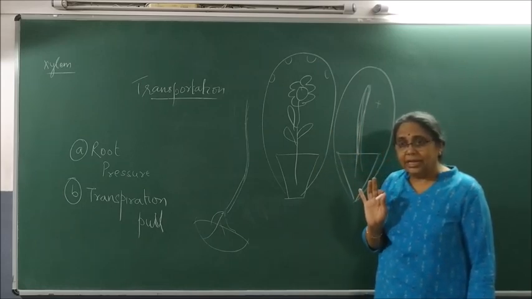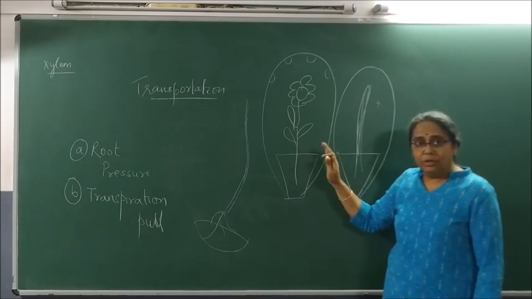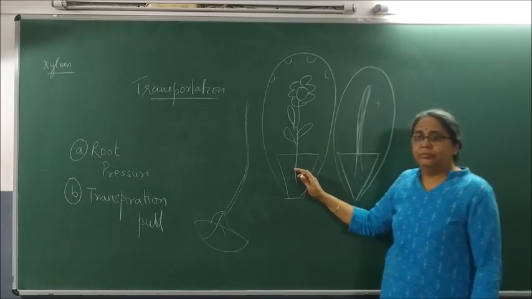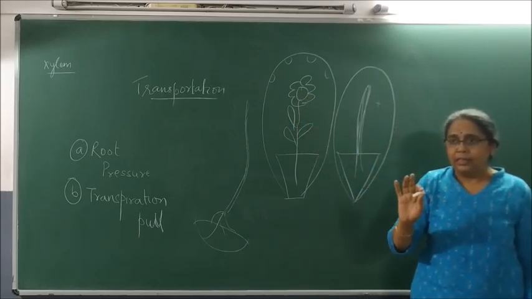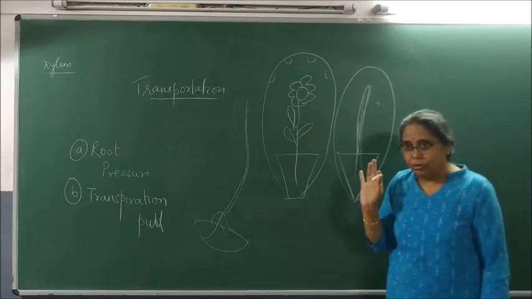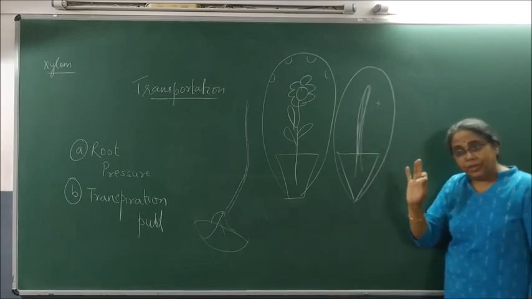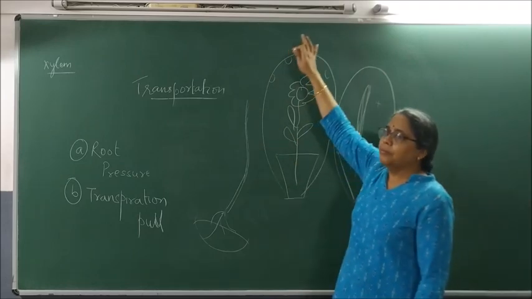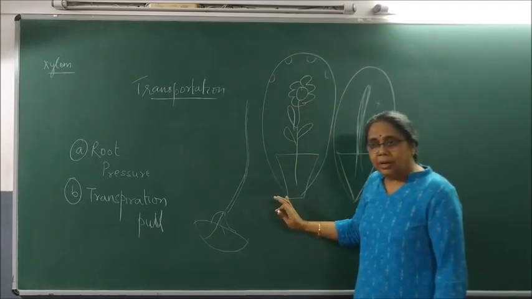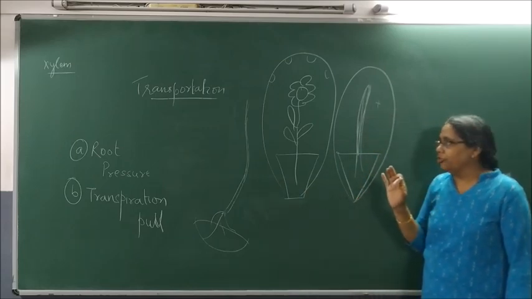Clear? Shall I repeat once again? I took a pot and put a plant in it. The plant has to be green, healthy, able to prepare food. In the other pot, I put a stick with the soil, everything the same. I covered these completely with transparent polythene sheet.